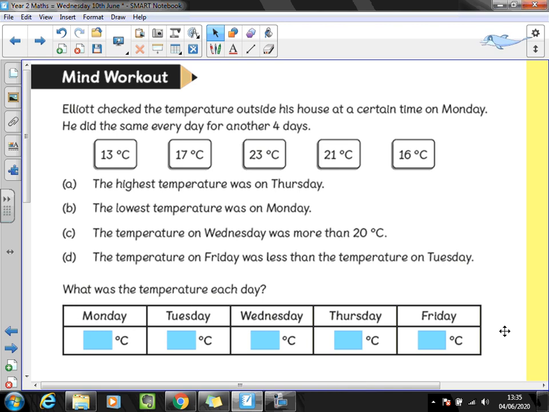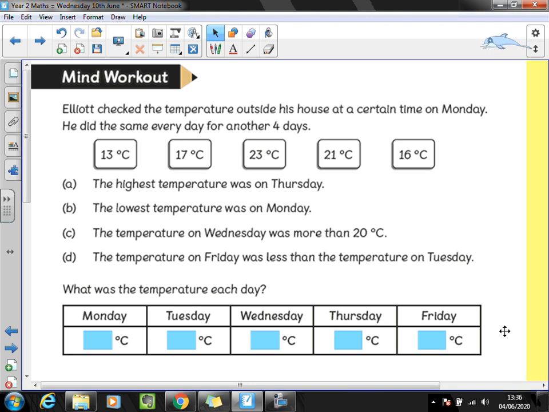Now, if you want to challenge yourself a bit further, we've got a mind workout here for you to complete. Elliot checked the temperature outside his house at a certain time on Monday. He did the same every day for another 4 days. And these were the temperatures that he recorded. 13 degrees Celsius, 17 degrees Celsius, 23 degrees Celsius, 21 degrees Celsius, and 16 degrees Celsius.